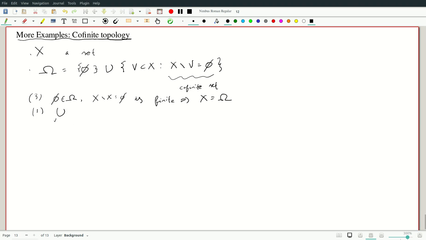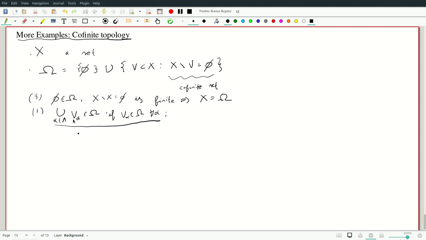Now I don't have to spell it out again and again. We want to show the union of V alpha is in omega if V alpha is in omega for all alpha. Okay, so this is what we want to show. How would we look at this? Well, there are a couple of cases.